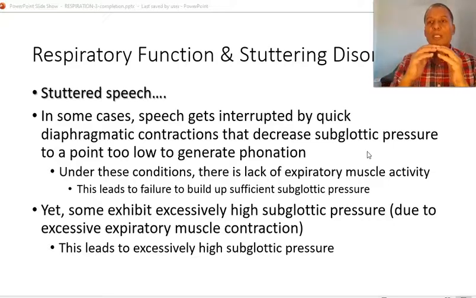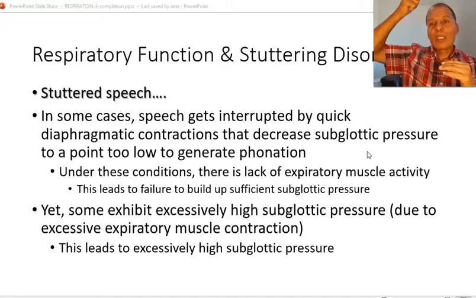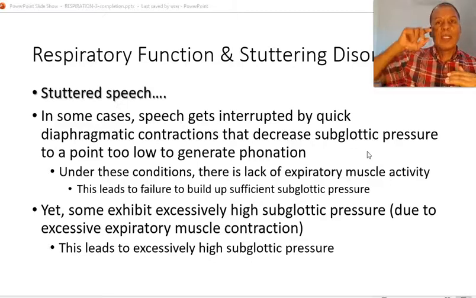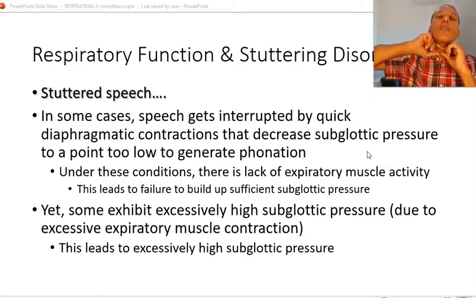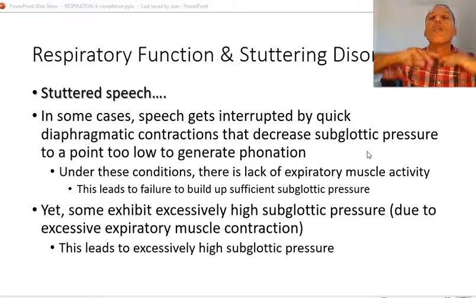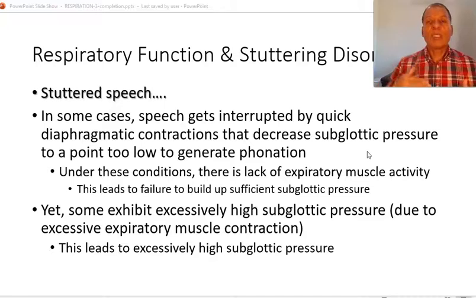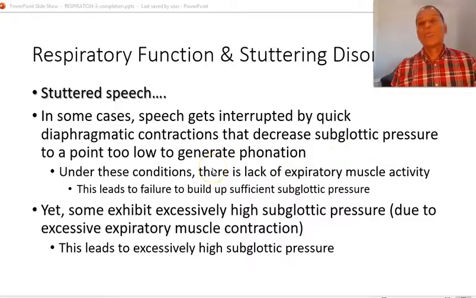So imagine you are speaking and you need the diaphragm to keep going up, but then it goes ping, and it just goes down all of a sudden. That means it will take the air down with it. It makes subglottic air pressure lower all of a sudden, and that makes the person unable to generate vibration.